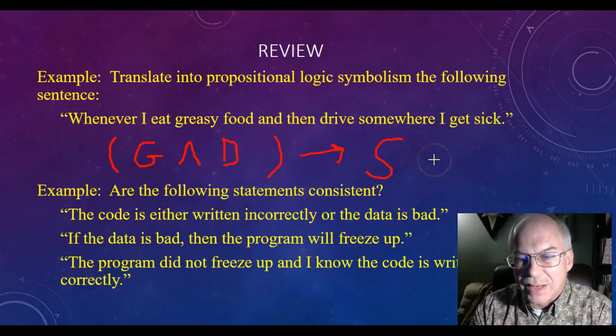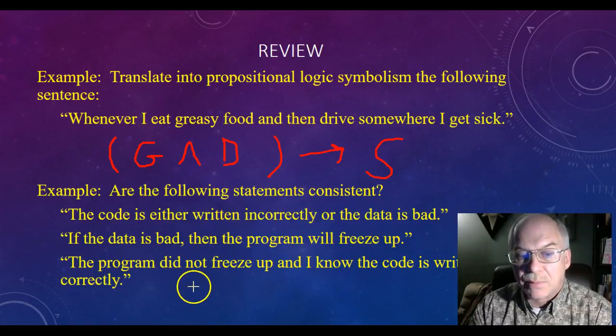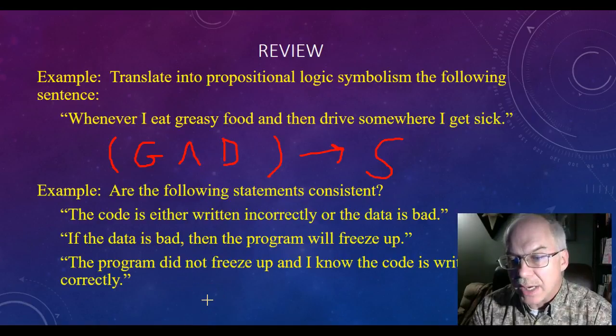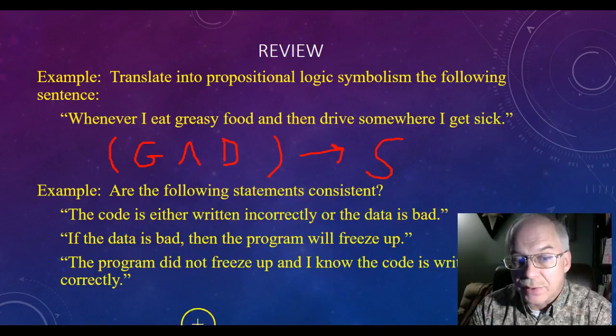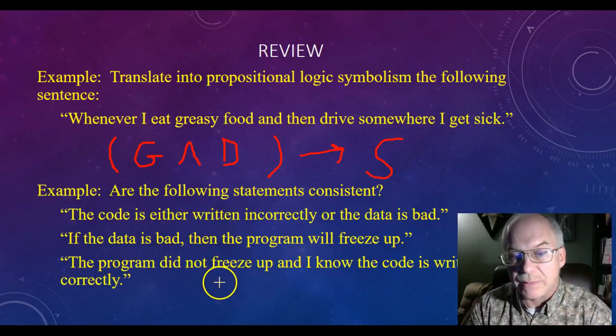Then here's another example. Are the following statements consistent? The code is either written incorrectly or the data is bad. If the data is bad, then the program will freeze up. The program did not freeze up, and I know the code is written correctly. Can all of those statements be true at the same time?